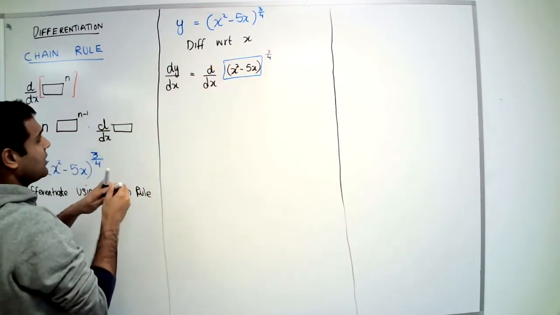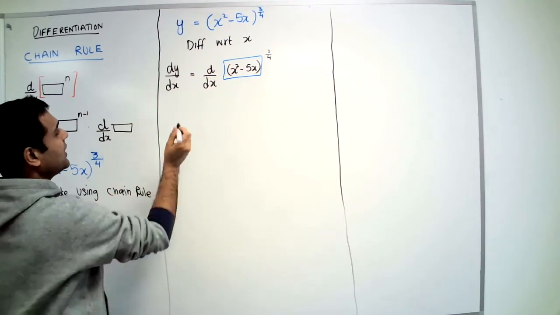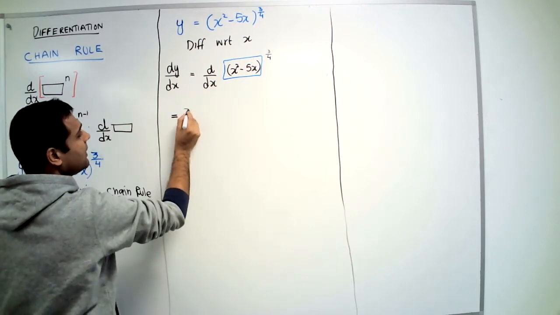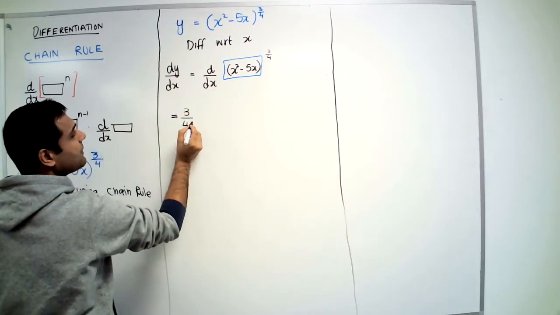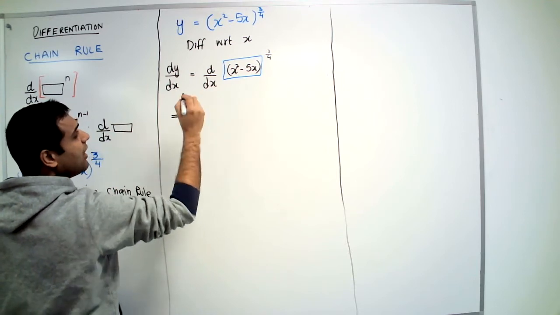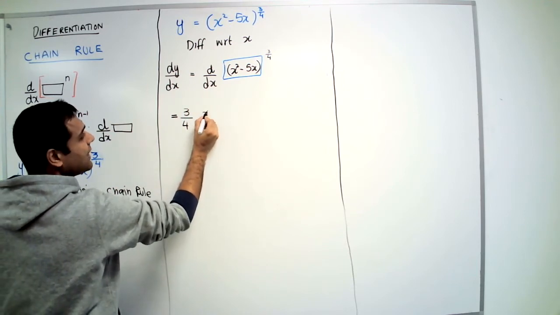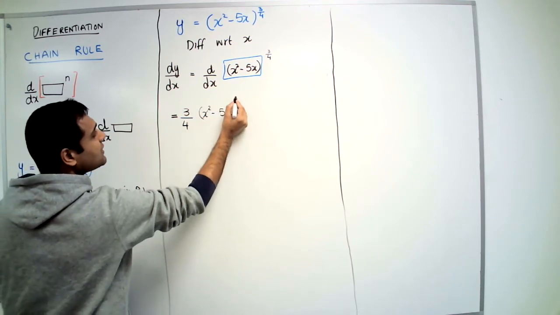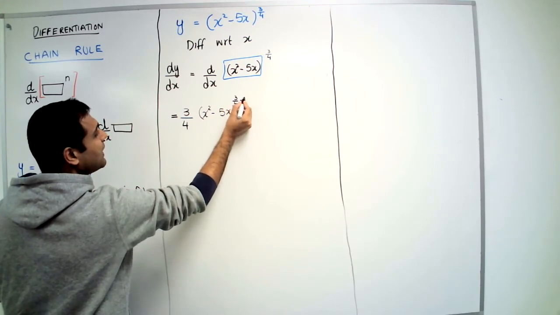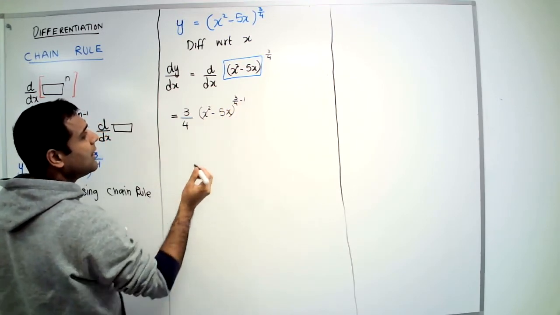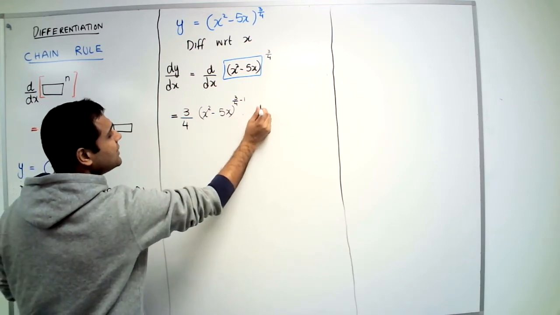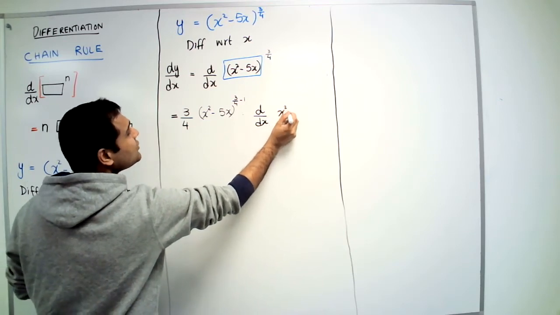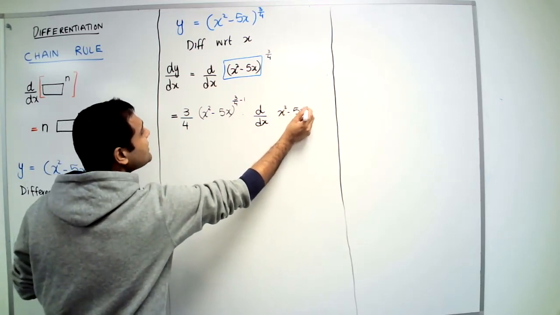According to this chain rule, the power comes out. Power is 3 over 4. And then reduce the power of the box by 1. So x squared minus 5x, this is my box, to the power 3 over 4 minus 1. And then I need to do d over dx of the box, which is x squared minus 5x.